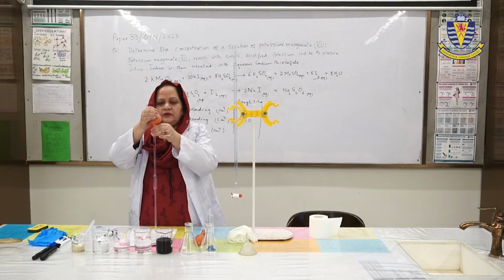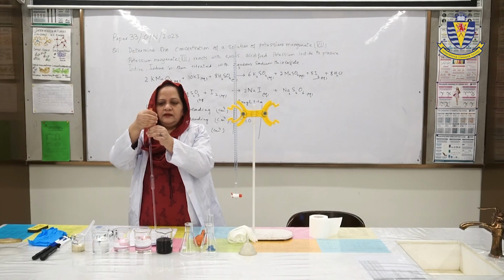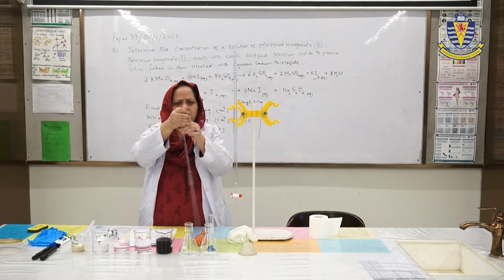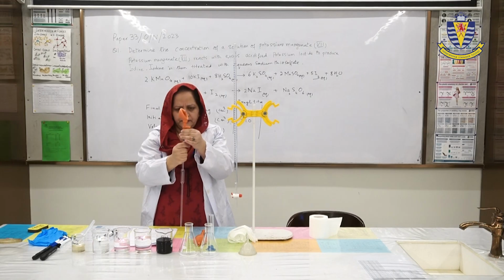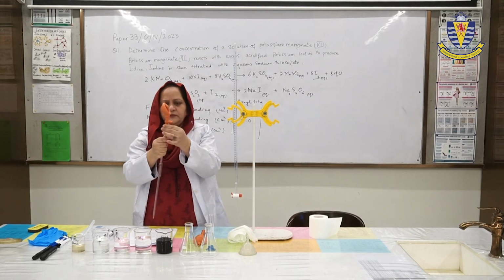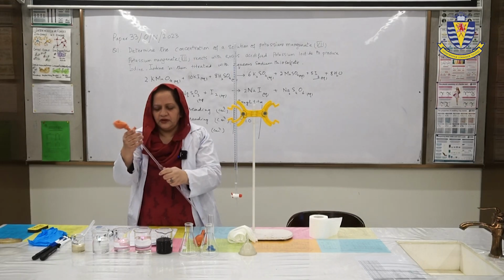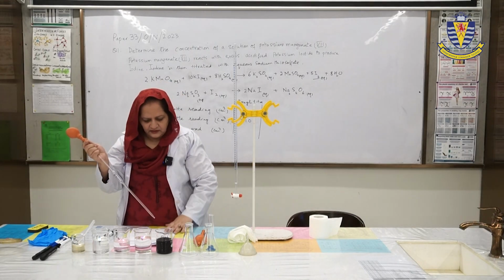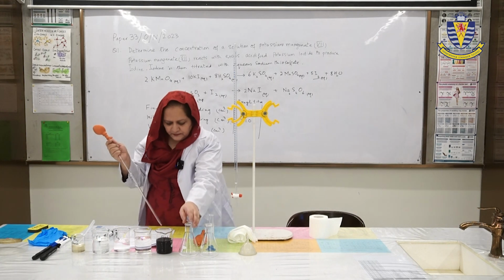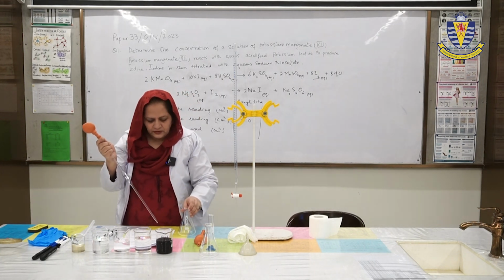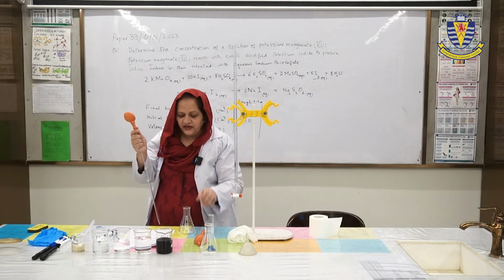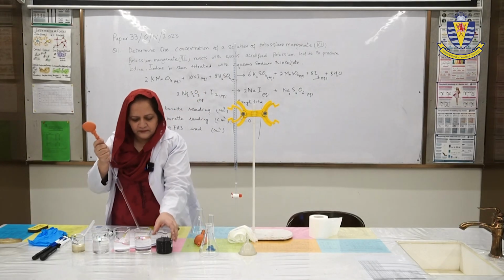Make sure that no air should be there in the bulb, and do not press this too hard that the ball inside it just gets dislocated. So 25 cm³ of FA1 is to be taken.